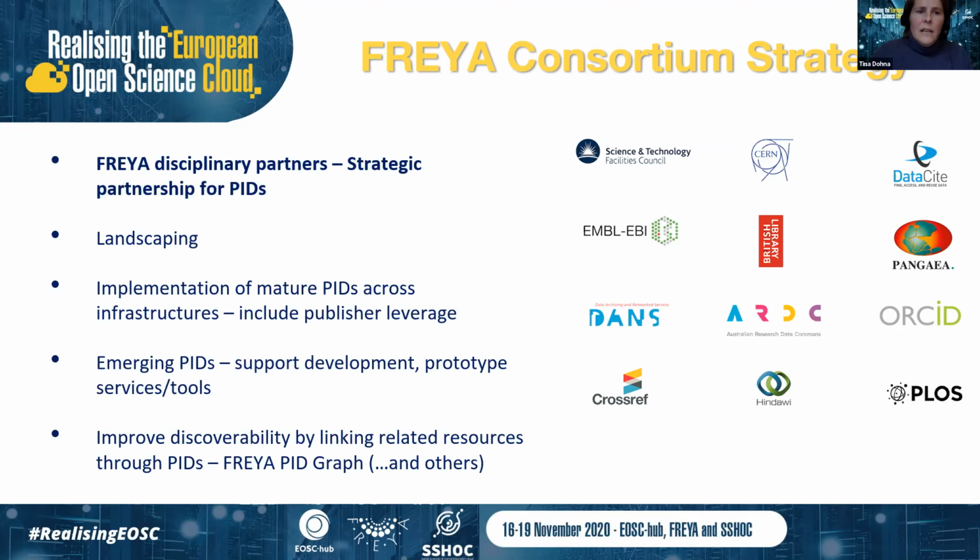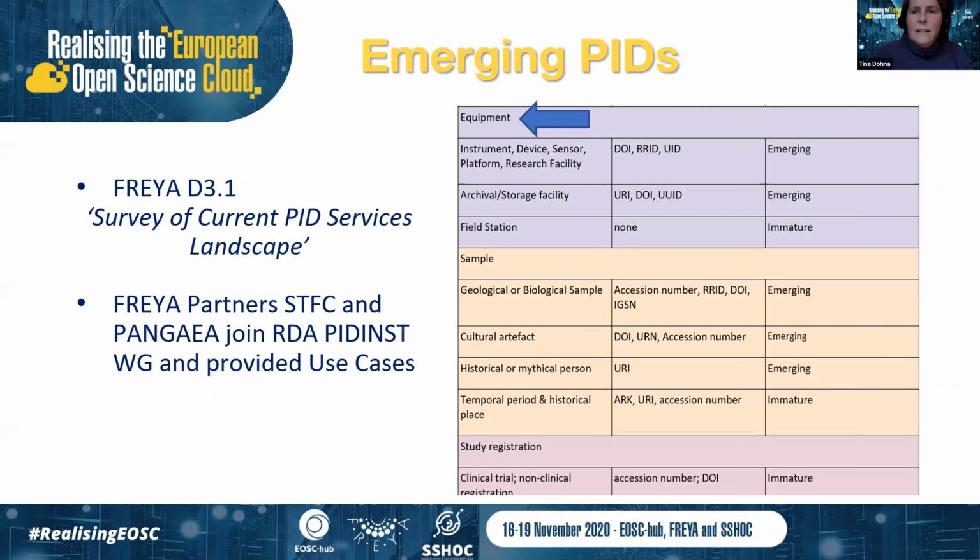And we started out doing a landscaping analysis to find out which PIDs were emerging, which ones were mature, what could we do, and such. So this is the first step. One of the PIDs that came up was around what we called then equipment, to be more encompassing.